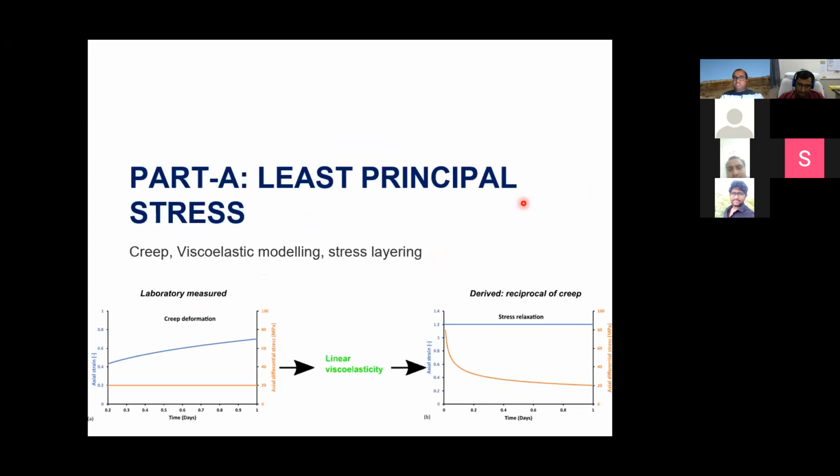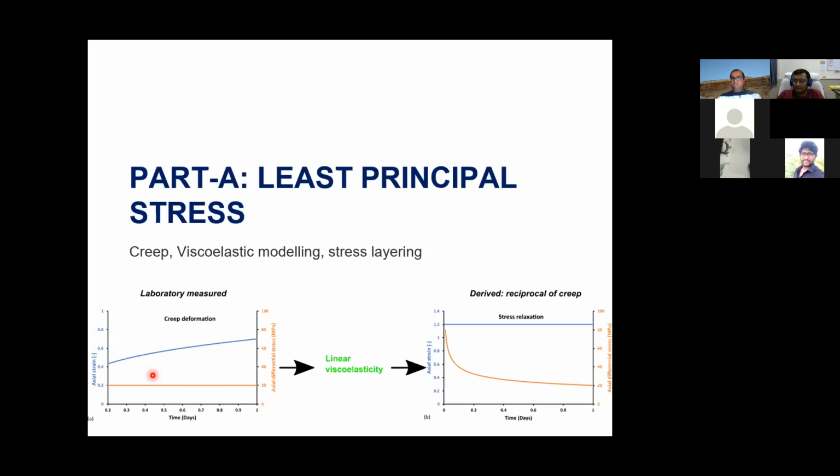Before going into the details, as I previously mentioned, creep is basically time-dependent deformation. If you take a sample or a rock at a given constant stress, you leave it, and the rock deforms continuously over some duration of time. In the laboratory, that duration can be hours, maybe days, maybe a couple of weeks.